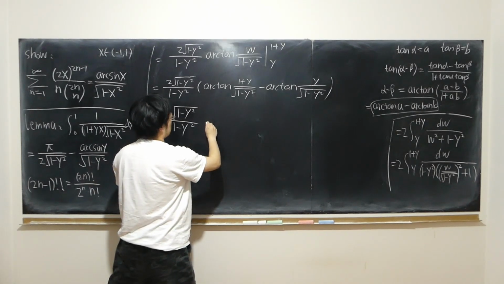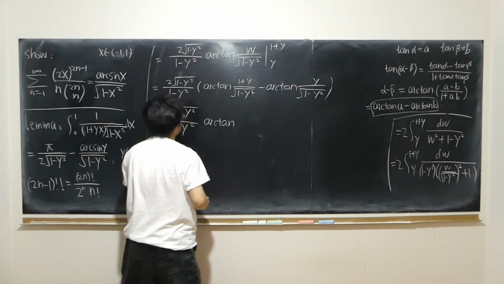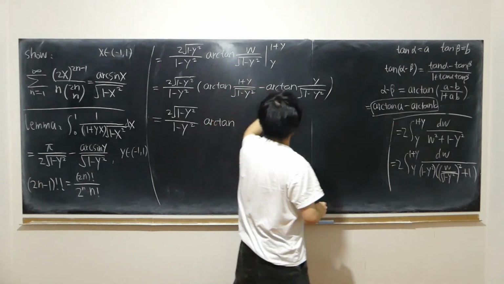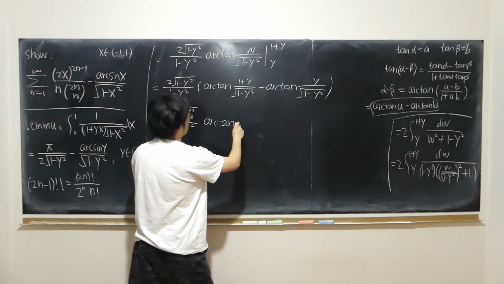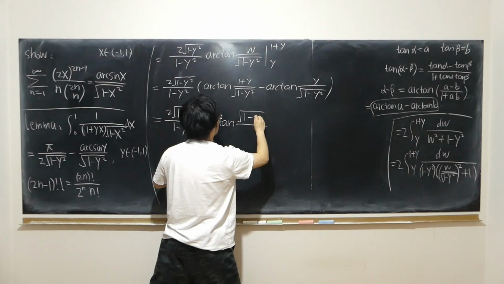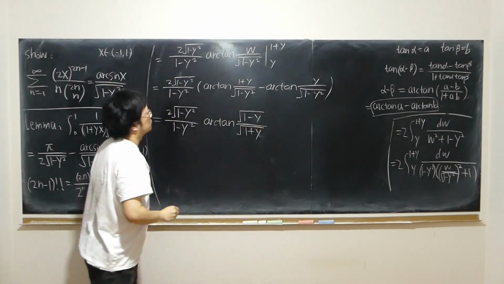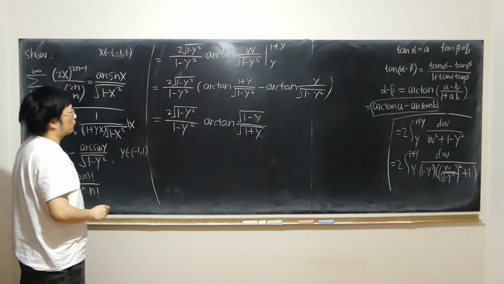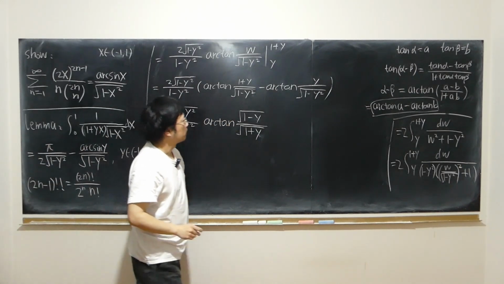It becomes just a single arctangent. So you just substitute this inside here. I'm just going to go straight to the conclusion: square root of 1 minus y over square root of 1 plus y. Then we can further simplify the arctangent of this thing.